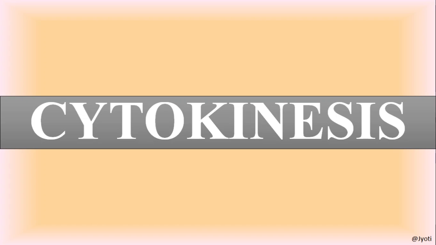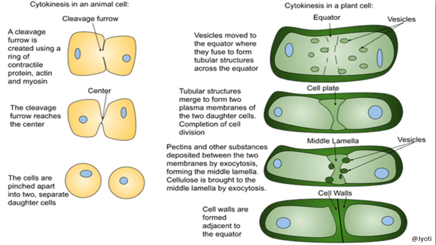Now cytokinesis, the division of the cytoplasm. The cytokinesis in an animal cell is totally different from that taking place in a plant cell. So let us discuss how it takes place in an animal cell first. This is an animal cell. In the animal cell, towards the end of telophase, cytokinesis takes place by the appearance of a cleavage furrow.